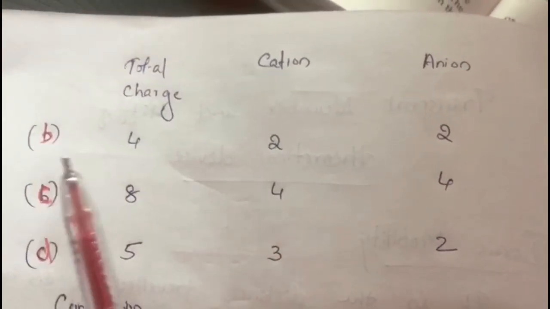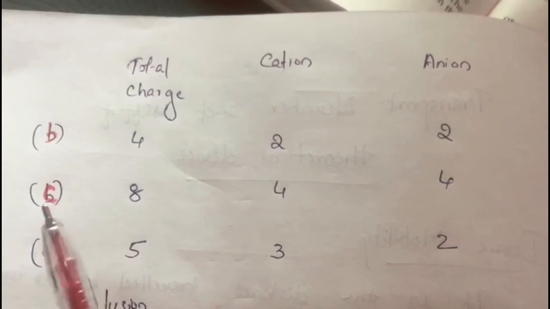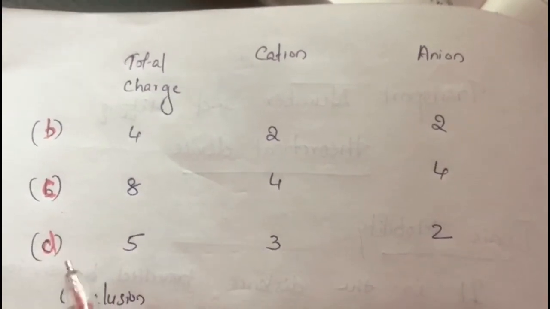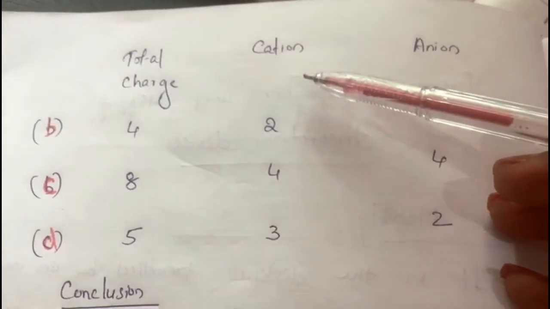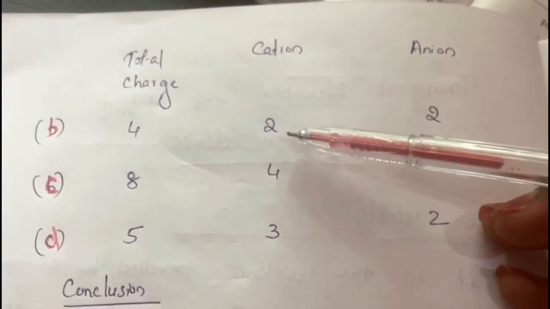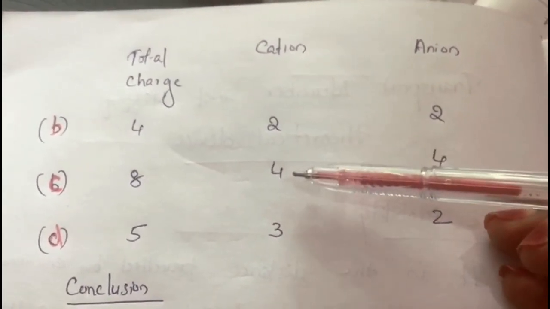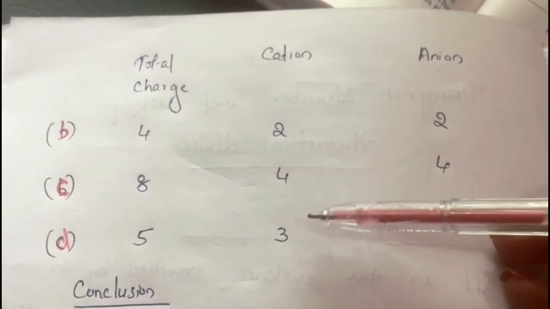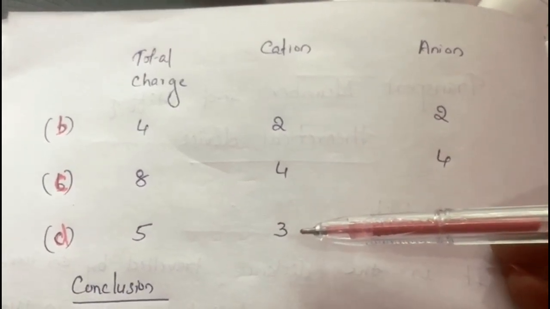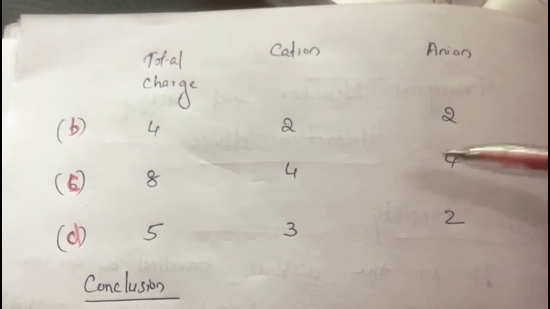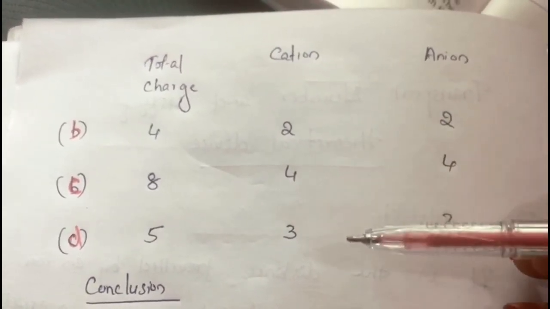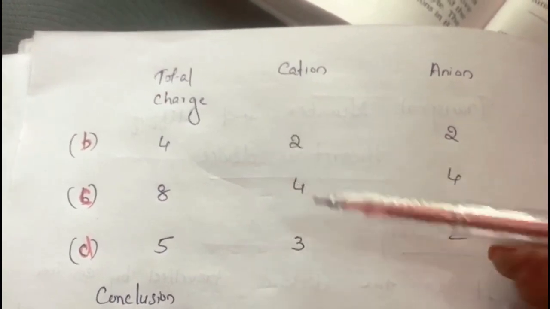In the case of B it is 4, in the case of C it is 8 and in the case of D it is 5. Here, regarding the number of cations moving: in the first case 2 cations move towards the cathode, in the second case 2 plus 2, 4 cations are moving, and in the third case 3 cations are moving and anion is 2. So the totals are 4, 8 and 5 in these 3 conditions.